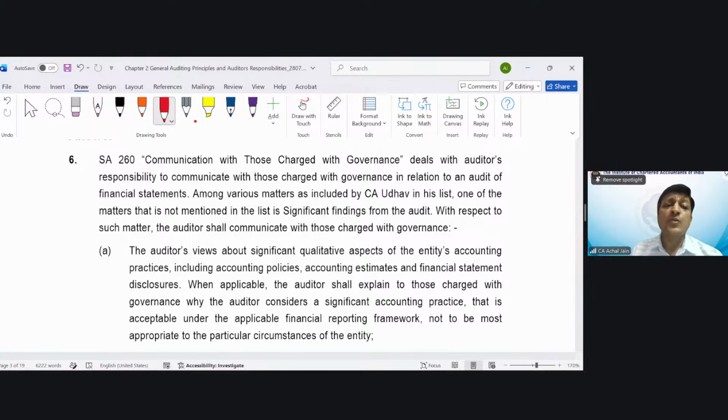Now, with respect to such matters, the auditor shall communicate with TCWG. What is it the auditor will do? What is really required to be done? The auditor's views about significant qualitative aspects of the entity's accounting practices, including accounting policies, accounting estimates, and financial statement disclosures.